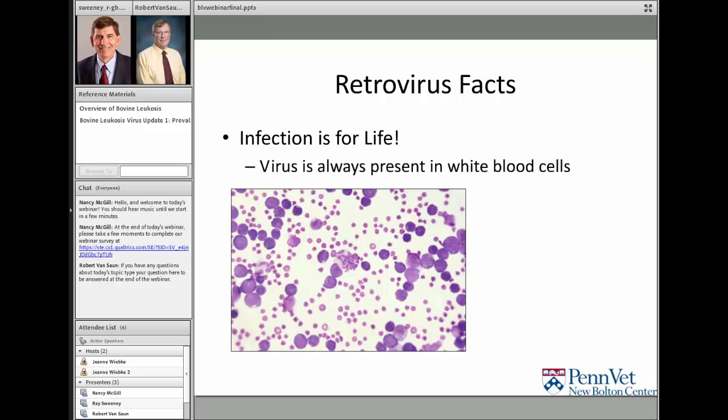And the virus is always present in their white blood cells. So this means that an infected animal is infected for life and is potentially infectious, meaning she can give the infection to another animal because that virus is always in her bloodstream, harbored within her white blood cells.